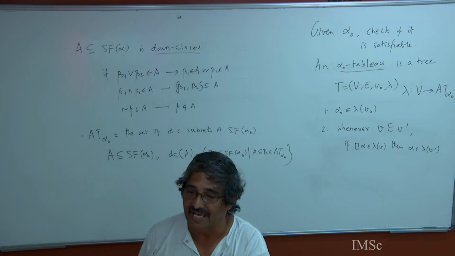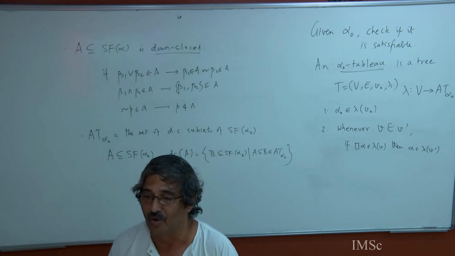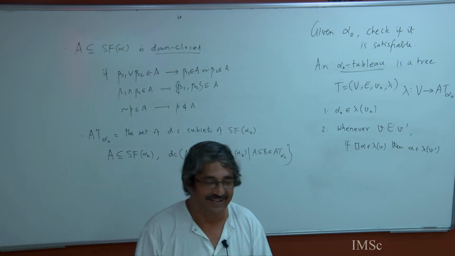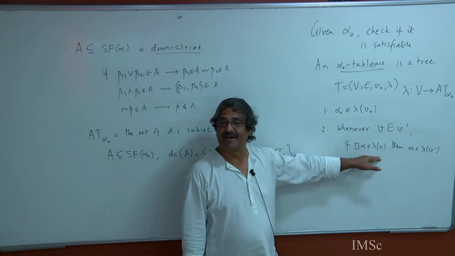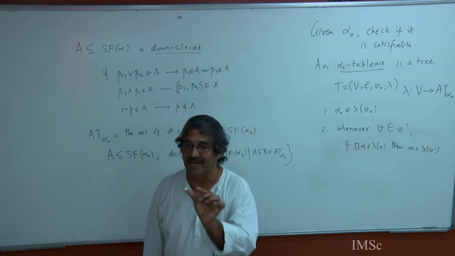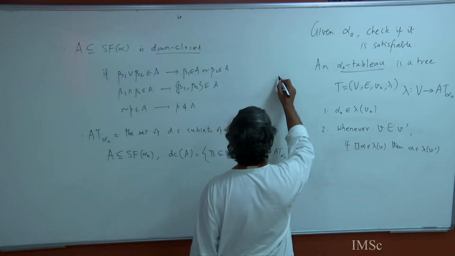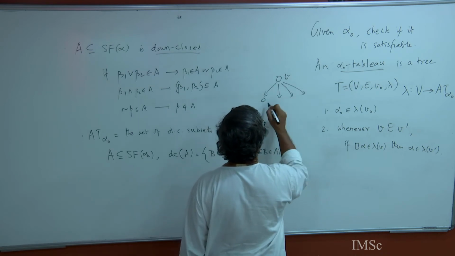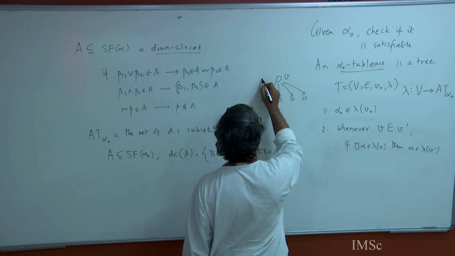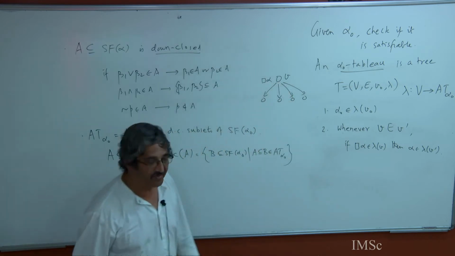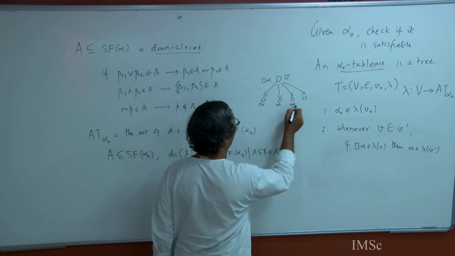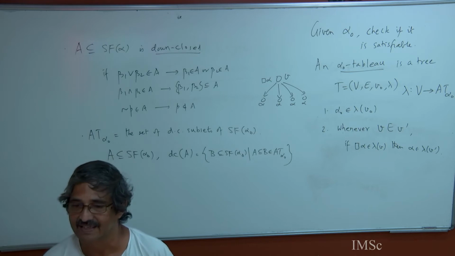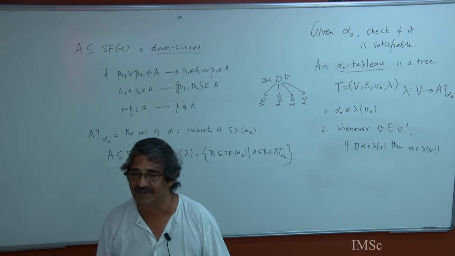If at a vertex V box alpha is true, then every successor must satisfy alpha. Box alpha belongs to lambda of V means, in the label for vertex V, so here is V, if you have put box alpha here, you must make sure that every successor gets alpha. Is this condition clear? This is again natural from the semantics that we have.